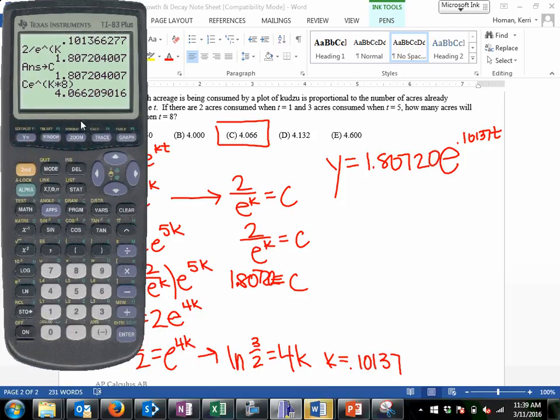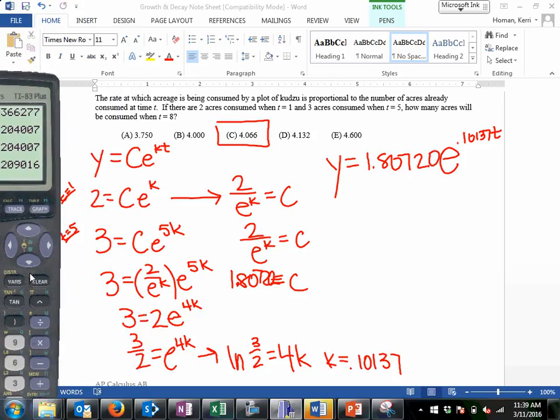Okay. Question? Yes, I was just confused on how you know which is Y and which is C. Like where it says when T equals 1 and 3 acres consumed, how do we know Y is 3? So, because that's the amount.